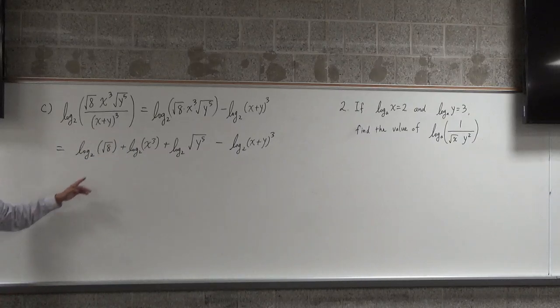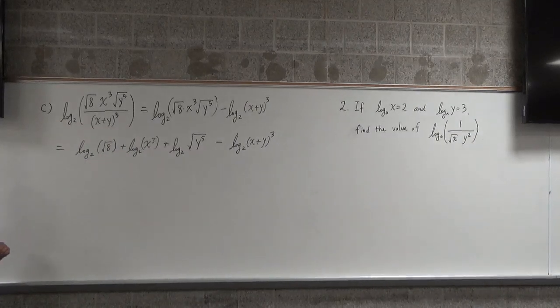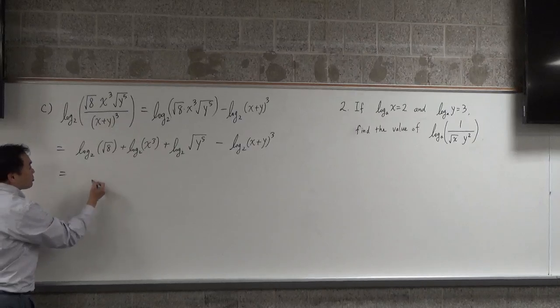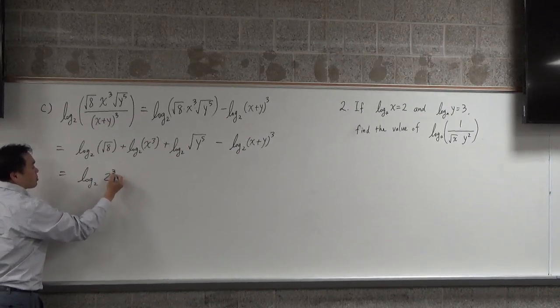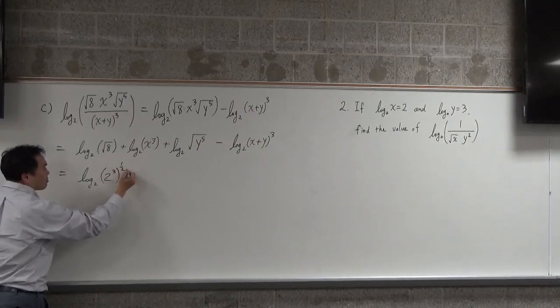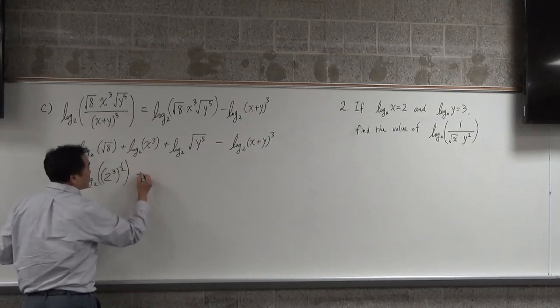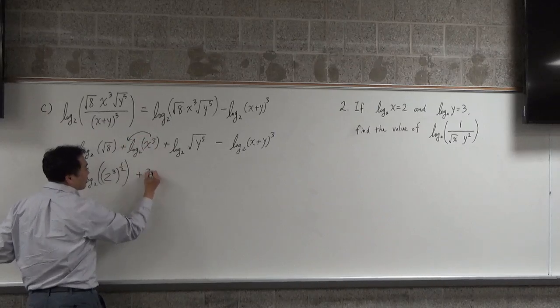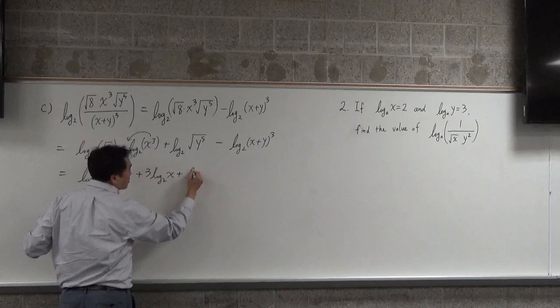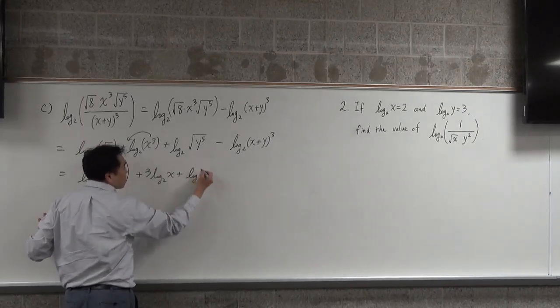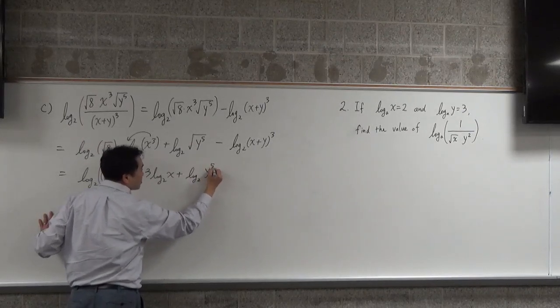All right. So 8 is 2 to what power? Well, square root is 1/2 power. 8 is 2 to what power? 3rd power, and then square root is 1/2 power. 3, you can make it hop over the log. And again, square root is 1/2 power.